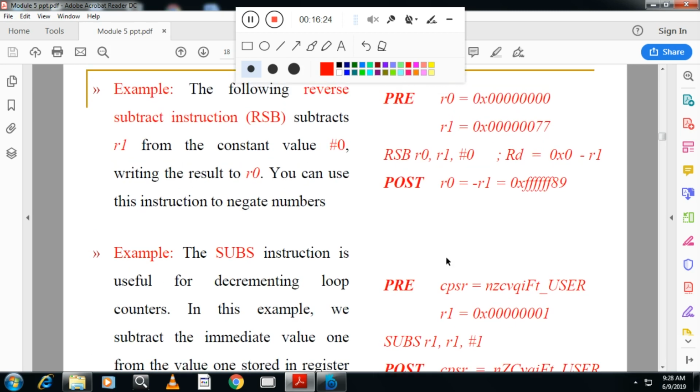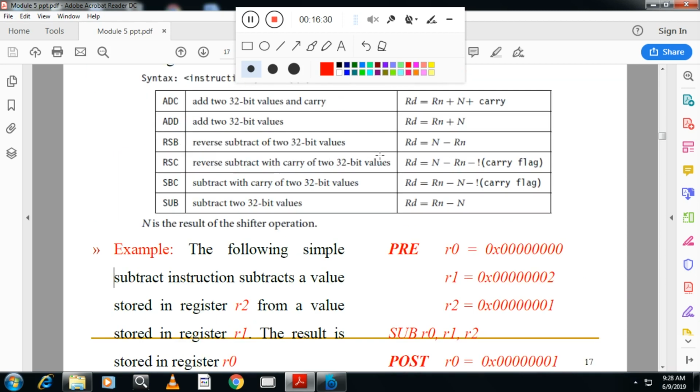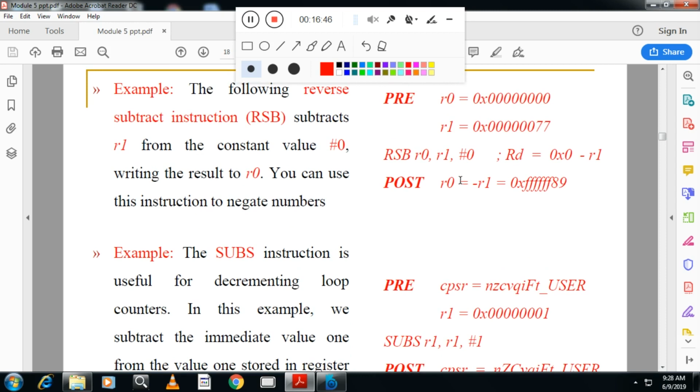Now RSB, reverse subtract. What is reverse subtract? What we did for subtract was destination minus a source. Here it is source minus a destination. So you see here R0 is 0, R1 is 77.